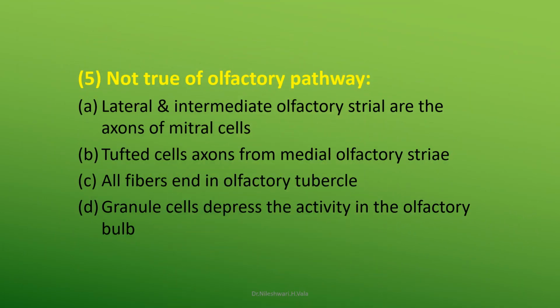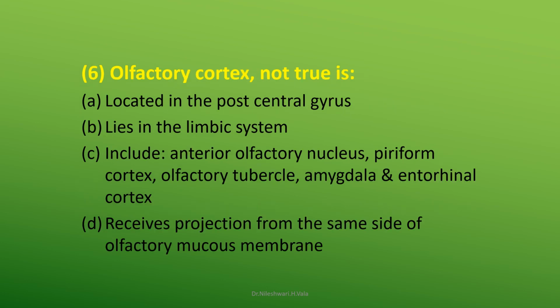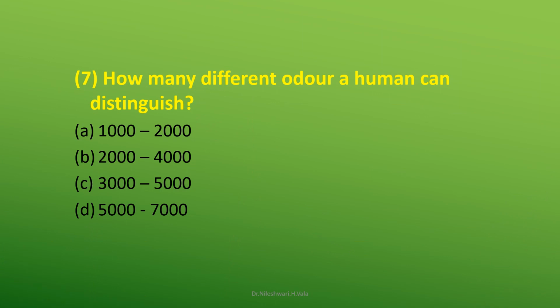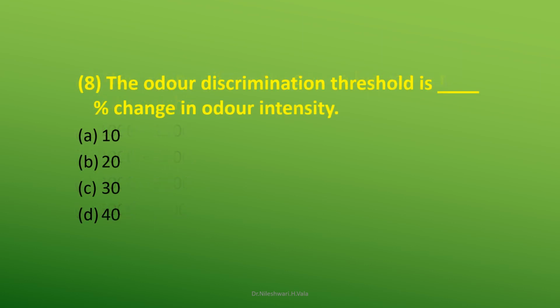Fifth question, not true of the olfactory pathway. Sixth, which statement about the olfactory cortex is not true. Seventh, how many different odors can a human distinguish? The odor discrimination threshold is dash percentage change in odor intensity.